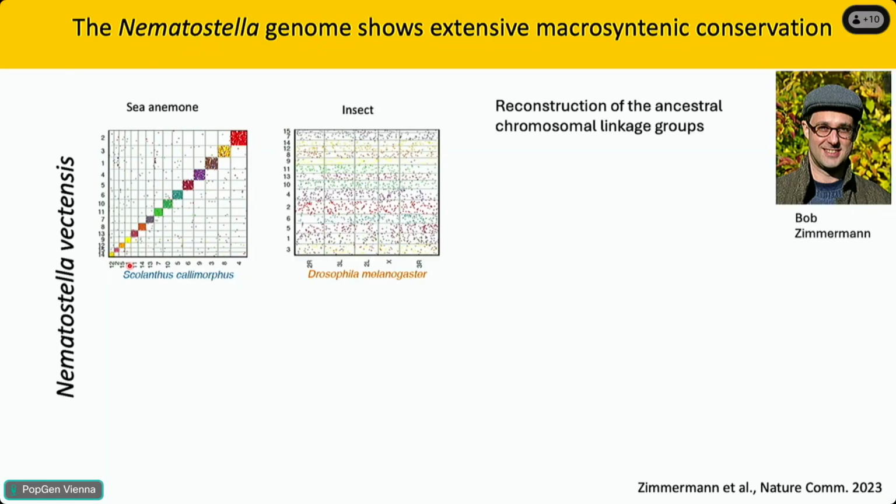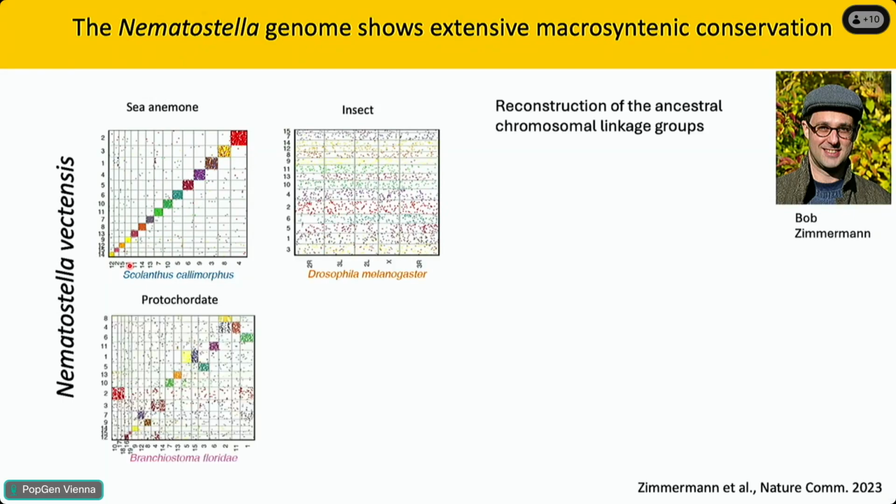So we don't see any ancestral linkage groups anymore in this comparison. But if we compare it, for instance, with Branchiostoma, so amphioxus, then we find quite a lot of ancestral linkage groups conserved, which may reflect directly the chromosomes or partial parts of the chromosomes.